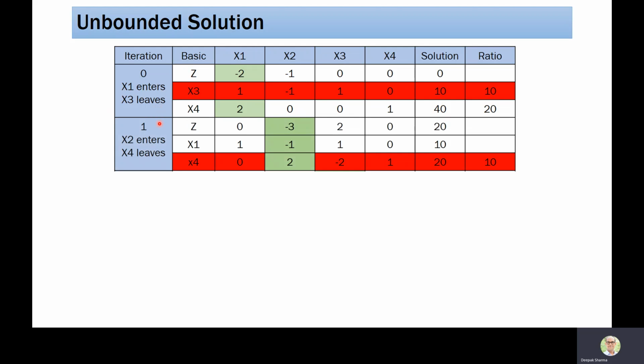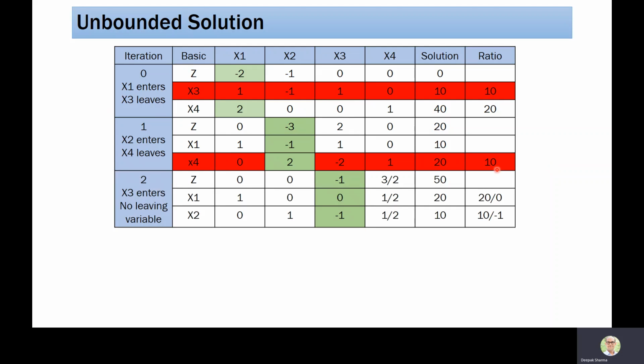Thereafter, in iteration 1, x2 is going to enter and x4 is going to leave based on the Simplex method. Then finally, in iteration number 2, we see that we still have a negative coefficient in Z, so this means x3 is going to enter.